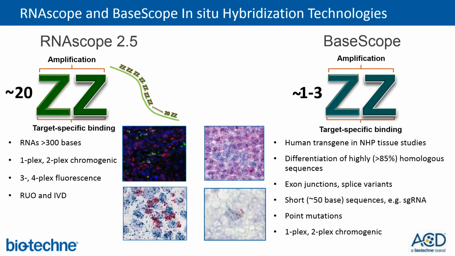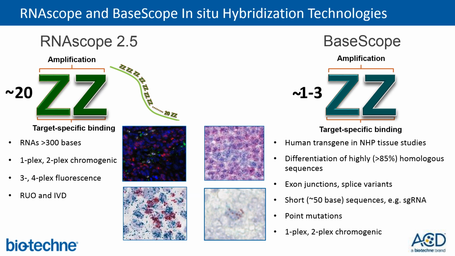The BaseScope assay is what we would utilize in instances where the target sequence is too highly homologous to other sequences, whether it's other related homologs or when trying to differentiate a human transgene from ortholog sequences, whether they be mouse or non-human primate. In addition, the BaseScope assay is able to target very short sequences.